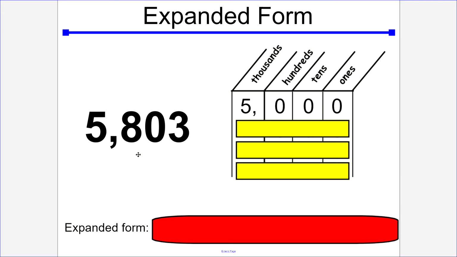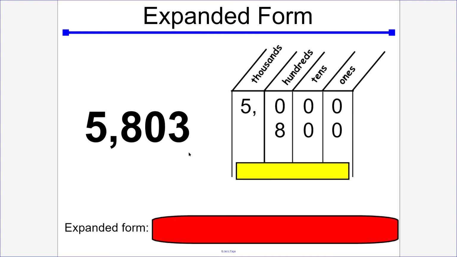Now let's look at the value of the hundreds place. The value of the hundreds place is 800 because 8 hundreds equals 800. Now let's think about the value of the tens place. This tens place has a 0 in it, so it doesn't have any value. When we have a number written in standard form that has a 0, meaning there's no value in a place, we don't need to write anything in expanded form.